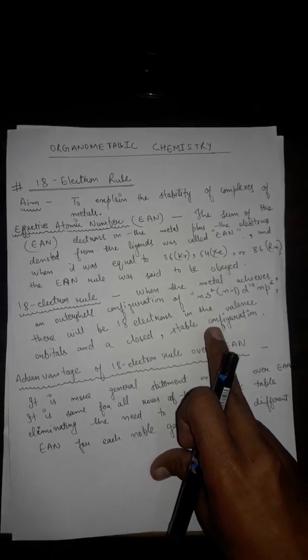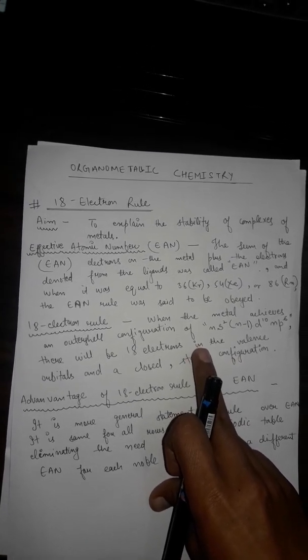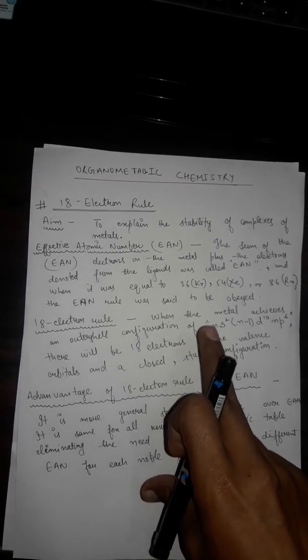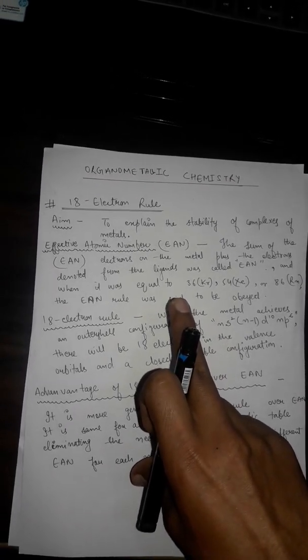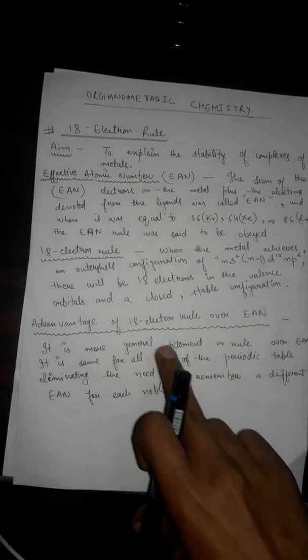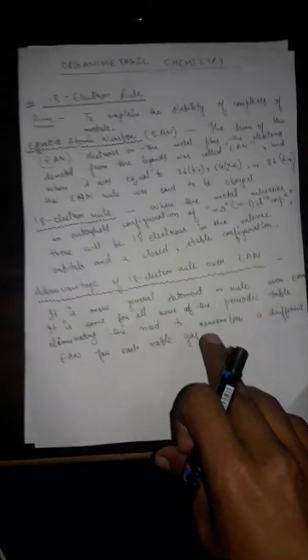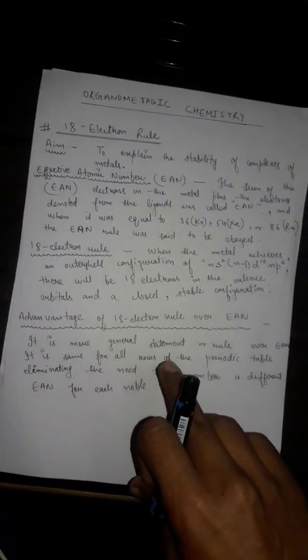So we can say that the 18 electron rule is more convenient than the previous one, the effective atomic number, because here we don't need to know all these configurations of noble gases.